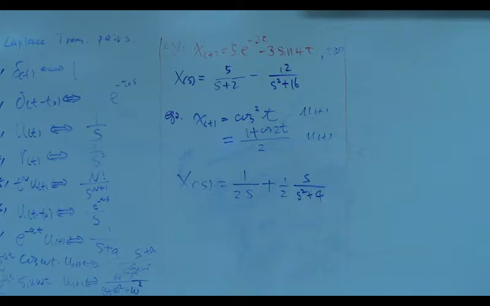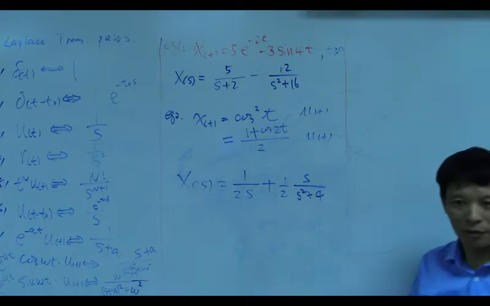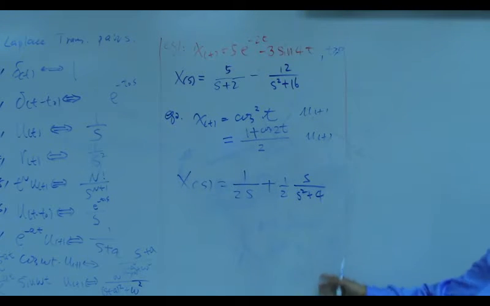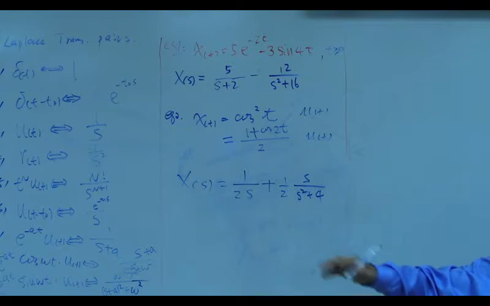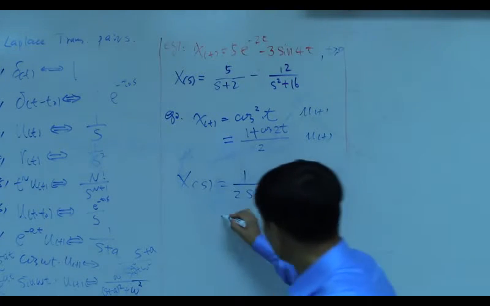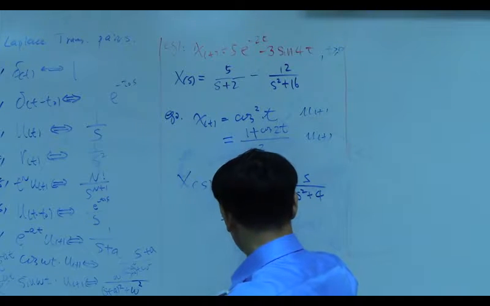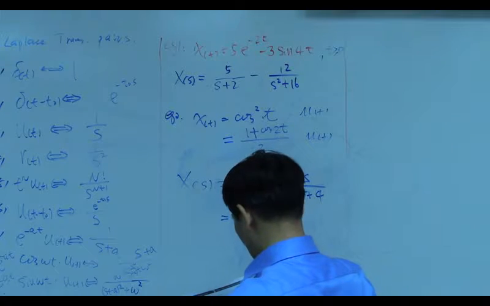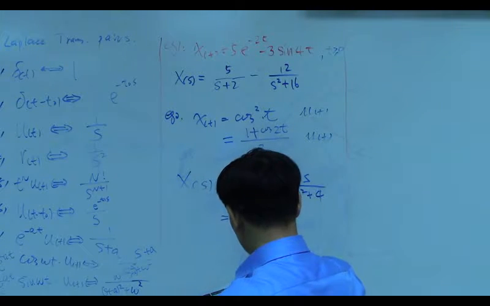All right, now you simplify this. You can leave it like this, but usually you just combine these 2 terms together. If we combine 2 terms together, this result equals s squared plus 2 on the top, and on the bottom s squared plus 4.